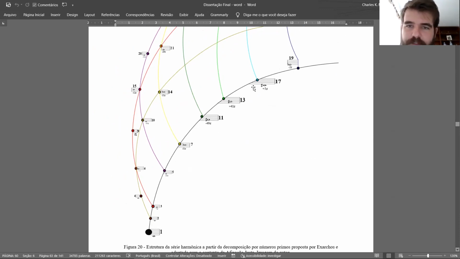Here in this line, we have all the prime numbers of the harmonic series. And here we have another harmonic series. So here I have 1, and here I have 2 by 2, which is the second harmonic, and 2 by 3, which is the third harmonic.